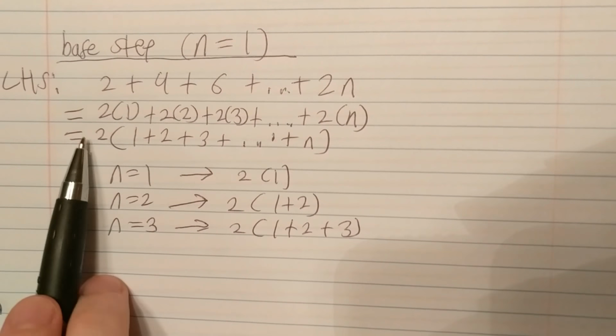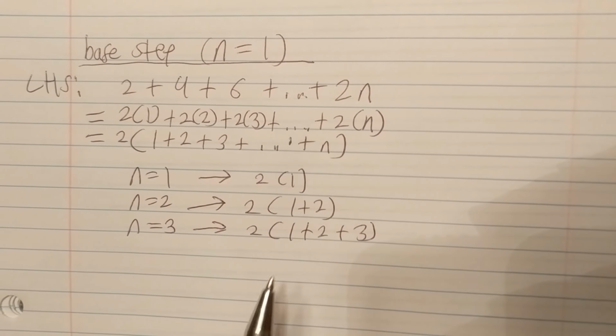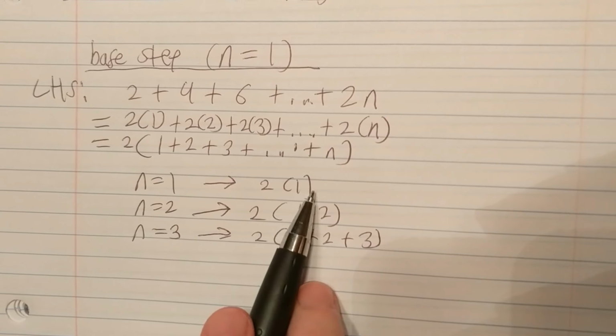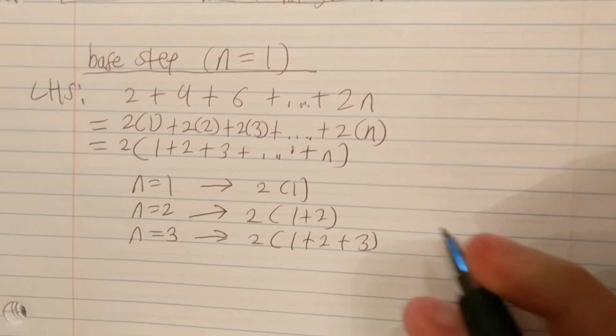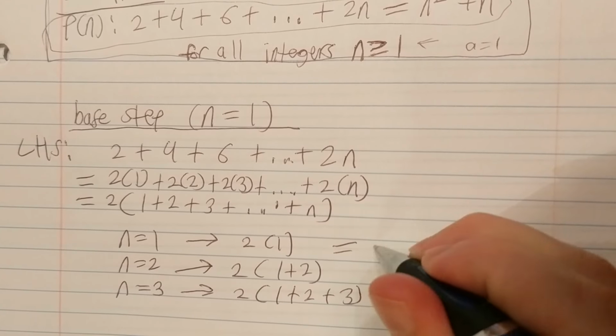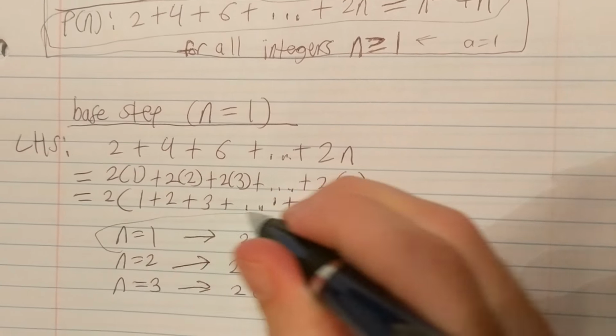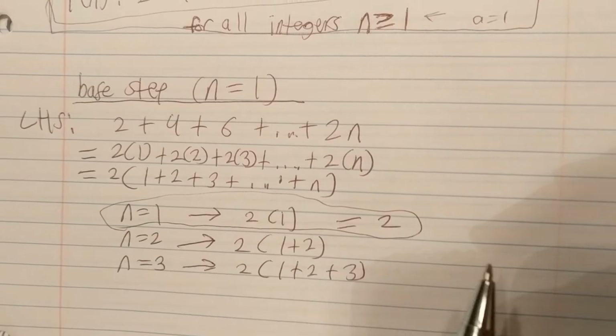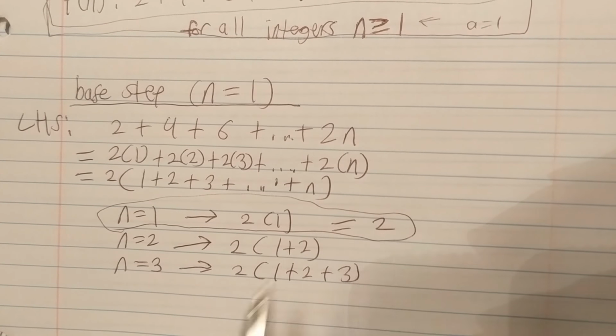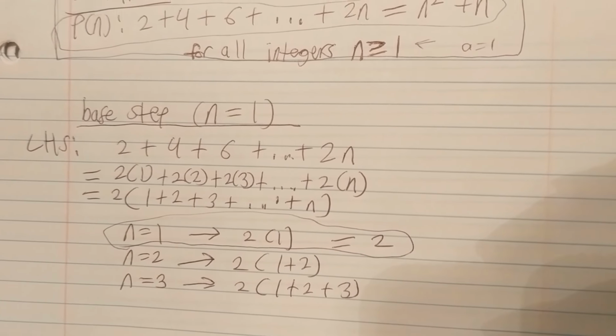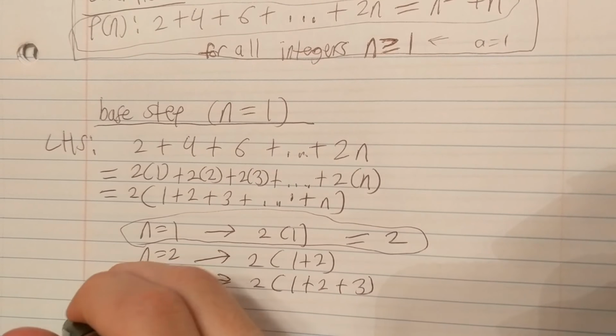And this goes on up until the general case of n. But we only care about the case when n equals 1 for our base case, because that's our a, and that's 2 times 1, which is 2. So for n equals 1, the left-hand side of our equation is just 2. So now we want to check what the right-hand side of the equation is for n equals 1 and make sure it's the same.